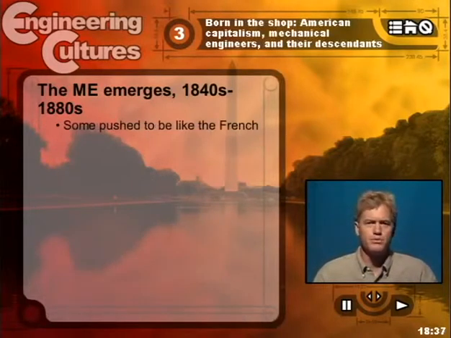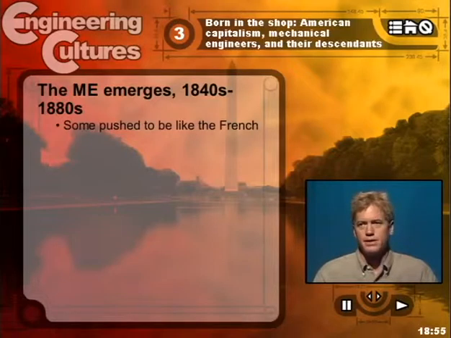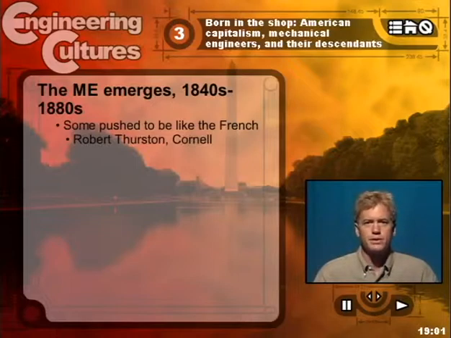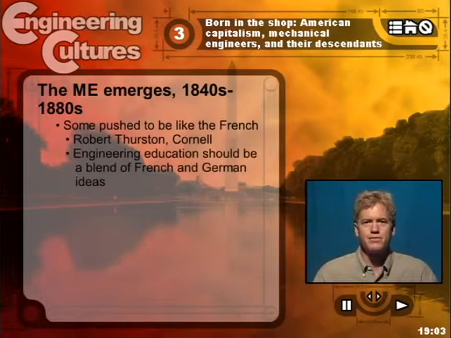There was some push inside of the new schools to be somewhat like the French, to develop a more theoretically based orientation. And this was especially true at the Land Grant Institution of New York State, namely Cornell University. The engineering leader there, Robert Thurston, developed a theory that engineering education should be, in a way, a blend of French and German ideas.